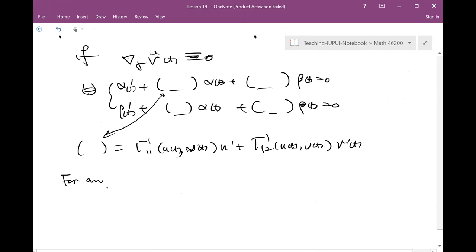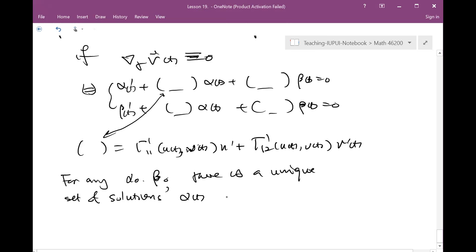That tells me for any given initial alpha 0, beta 0, there is a unique set of solutions alpha t, beta t satisfying the initial condition.